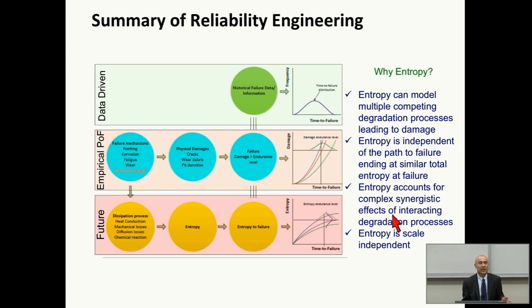So for instance, if you have corrosion and fatigue together and they affect each other, in other words, corrosion could promote fatigue to go faster or vice versa, entropy can easily account for those kinds of synergies, whereas the probabilistic physics of failure could still model them, but with more difficulty.